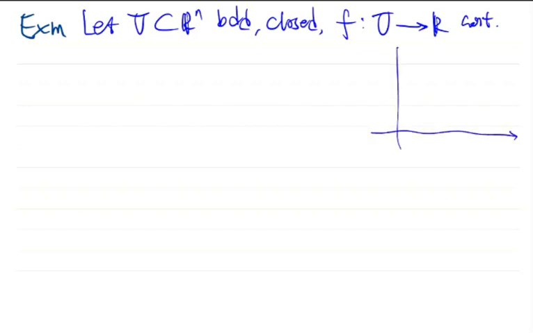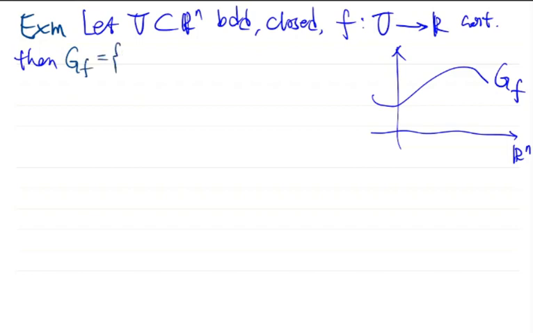This is R^n. So this is the graph of f. The graph of f is the set of points of the form (x, f(x)) when x runs through the domain of definition U. So the conclusion is that the graph of f has Jordan content 0.